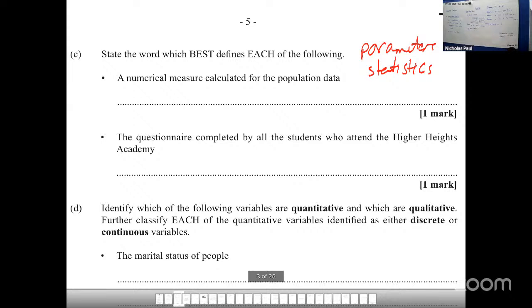Parameters come from populations. Statistics come from samples. So a numerical measure calculated from population data, write down that definition. That'll be the definition for parameters.